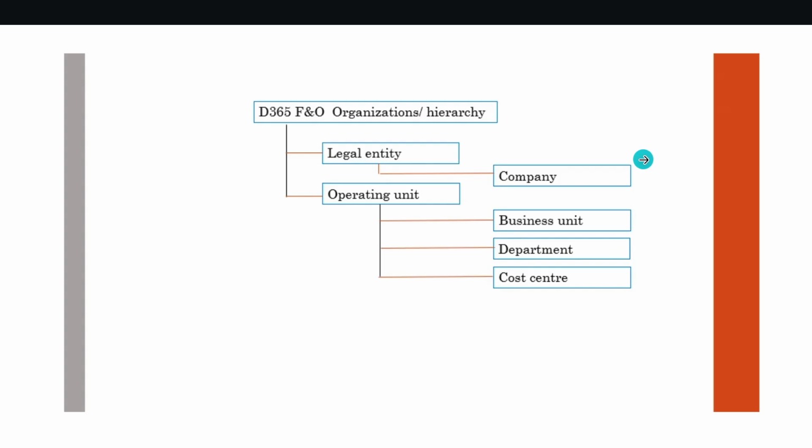It is very, very critical that we decide how we want to set up the organization in F&O application so that our transactions become smoother, so that we don't revisit the organization hierarchy after we start creating transactions. So it's very important to sit and discuss with the key stakeholders in our customer organization.